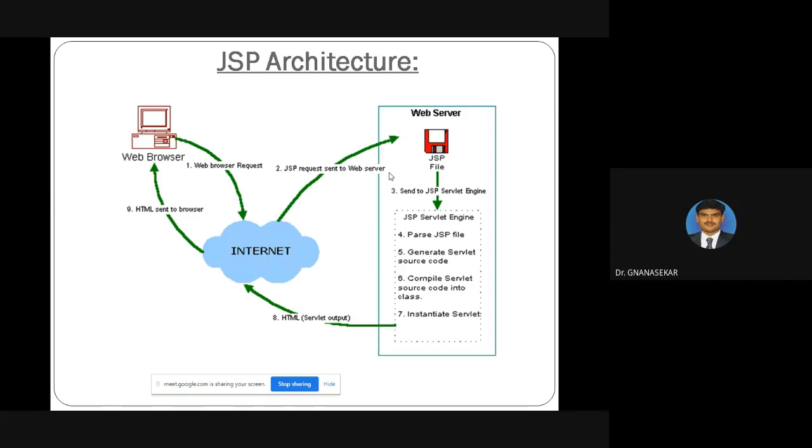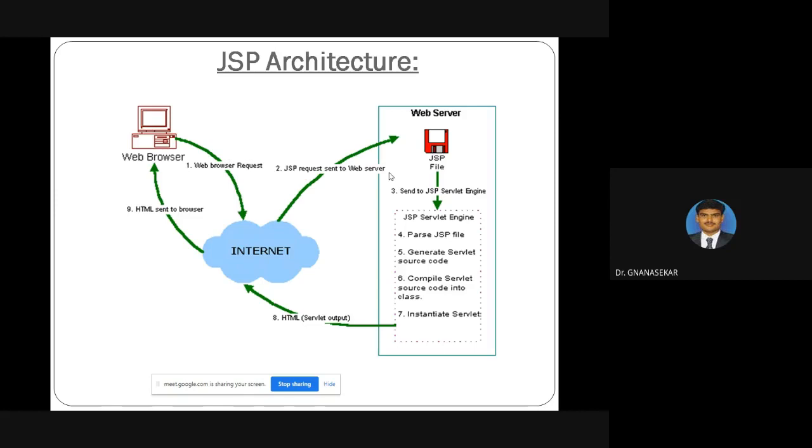Inside the JSP servlet engine, it first parses the JSP file. After that, the JSP file is converted into servlet source code. The .jsp file is converted into a .java file. That is called generating the servlet source code.